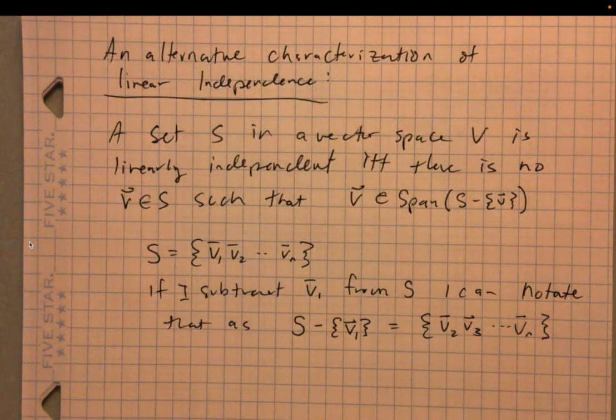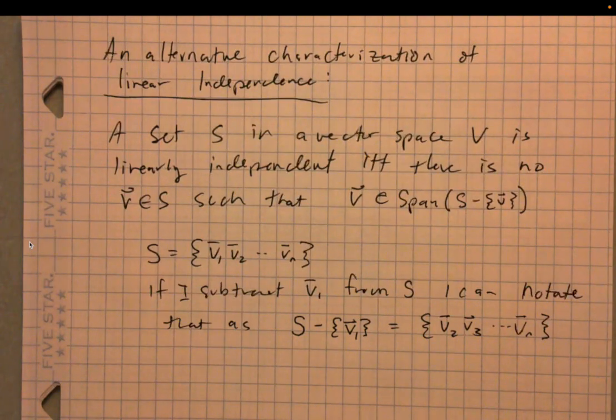Well, if you have a set S in a vector space V, that set is going to be linearly independent if and only if there is no V in S such that, even after the removal of V from S, we retain V in the span.